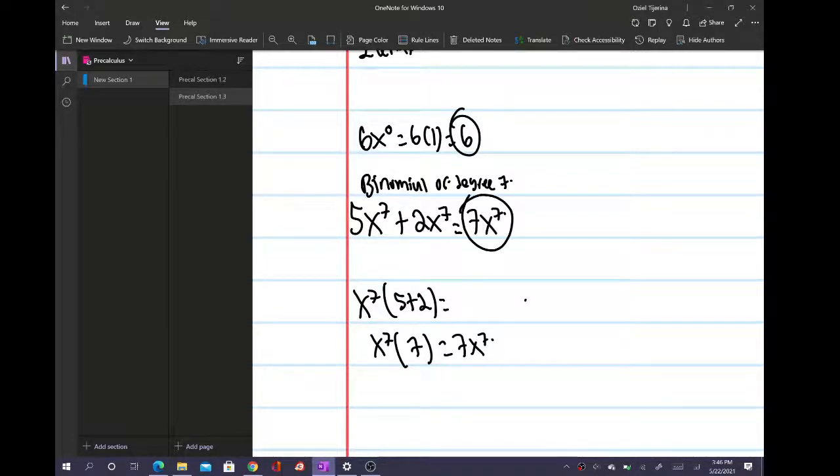That's just another way of adding it. But anytime you have the same variable and the same degree, you want to go ahead and add those when they're being added or subtracted. Okay.